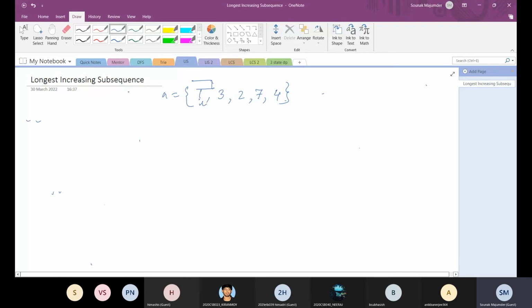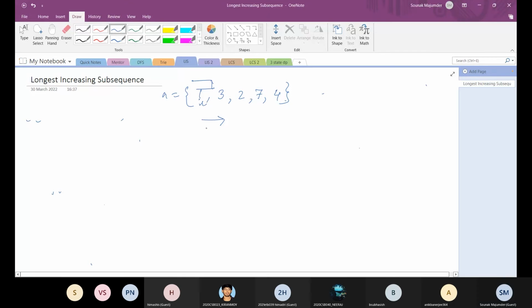So let's see another approach. Now let's create that longest increasing subsequence as we go from this side to this side. Let's first understand the idea, then we will go on to the example.